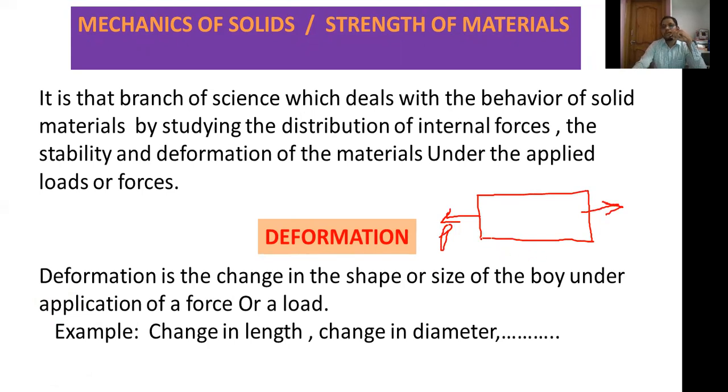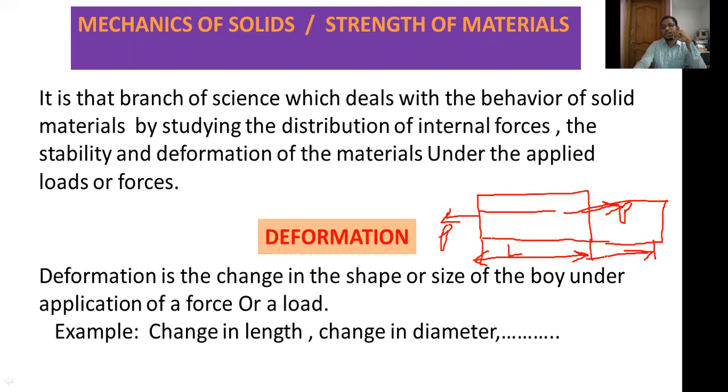This is the length of the body or length of the shaft. If you are applying tensile loads, what happened? The length of this object may increase due to the externally applied forces.